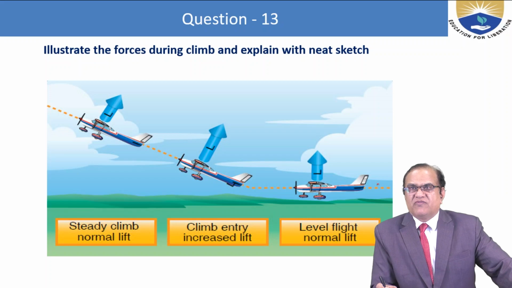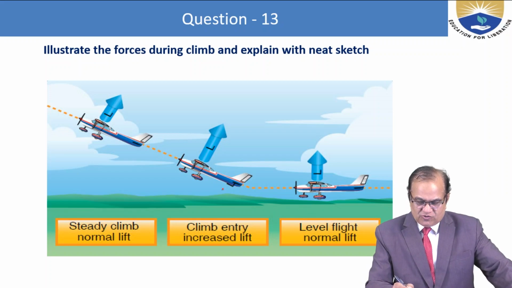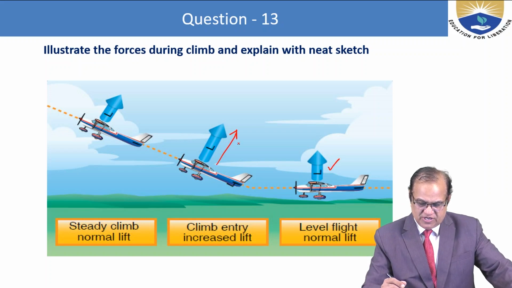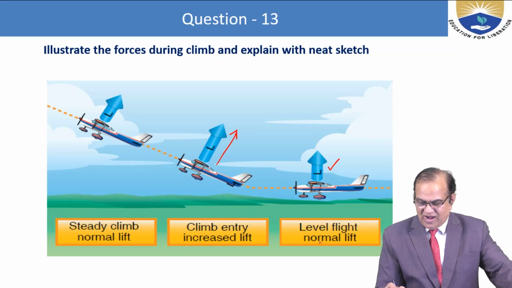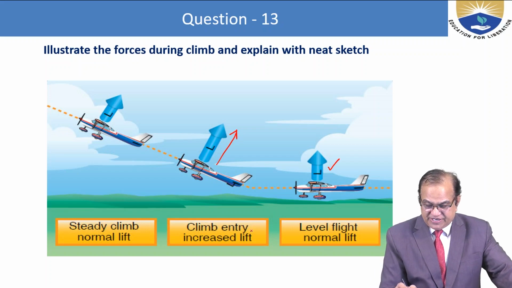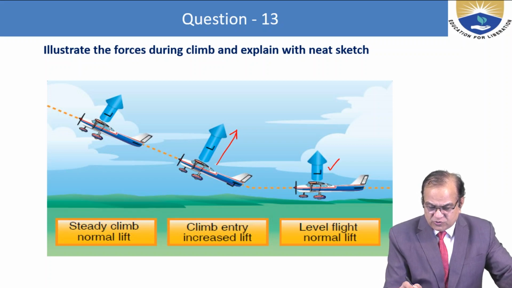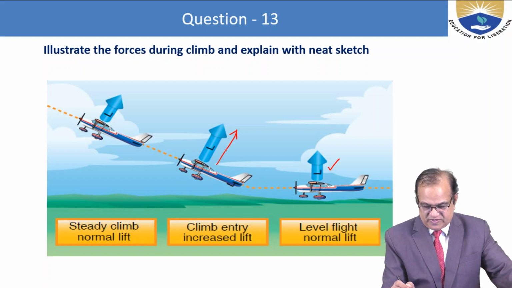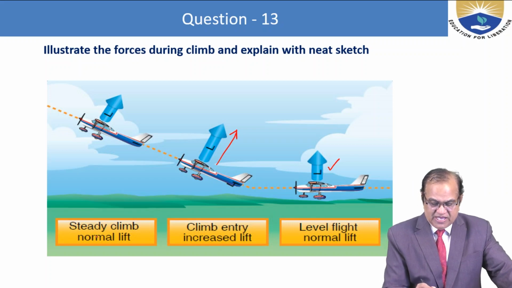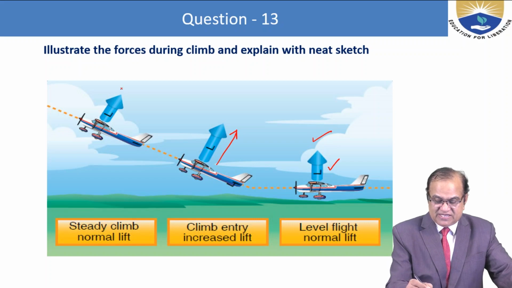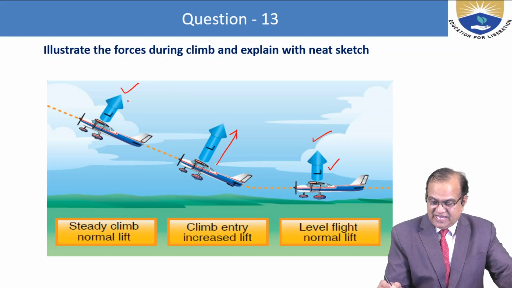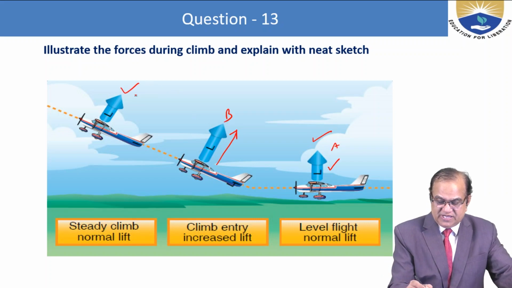It is moving from here, and in this L is equal to W. As you climb, you see this lift is now increased this much. After level flight, normal lift, climb entry. So during level to the climb, you need more lift. So increase lift, steady climb. As you reach the steady climb, again this lift and this lift, this is A, this is B, this is C.